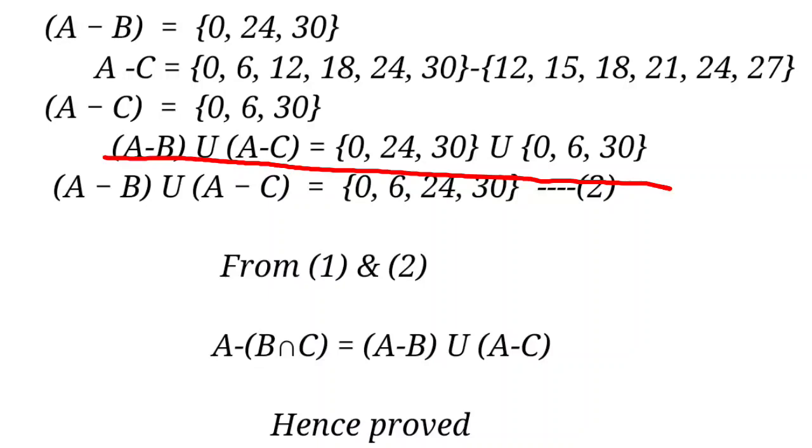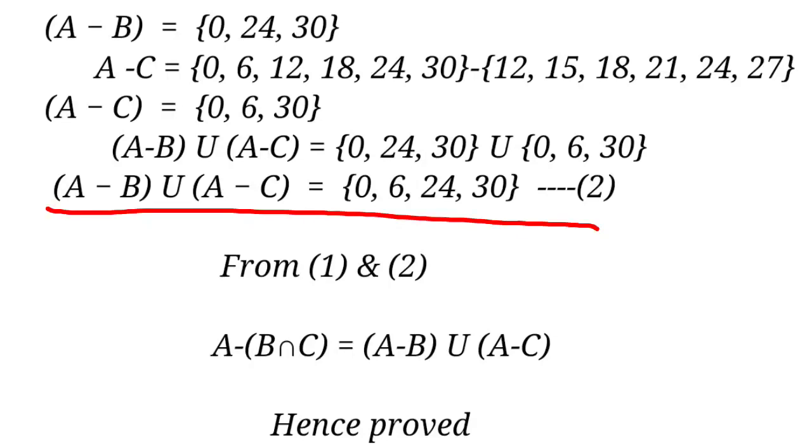A minus B union A minus C is equal to all the elements of A minus B and A minus C. So {0, 6, 24, 30}. Therefore A minus B union A minus C is equal to {0, 6, 24, 30}. That is equation number 2.